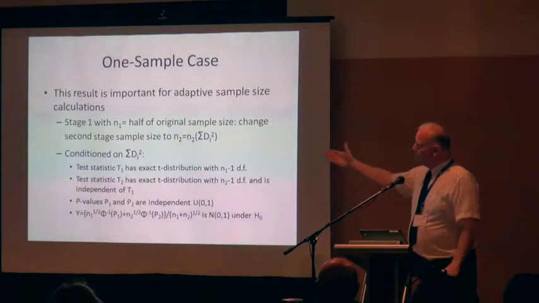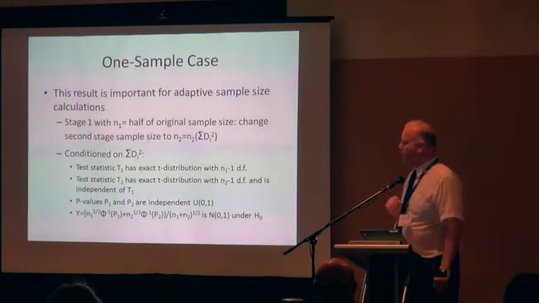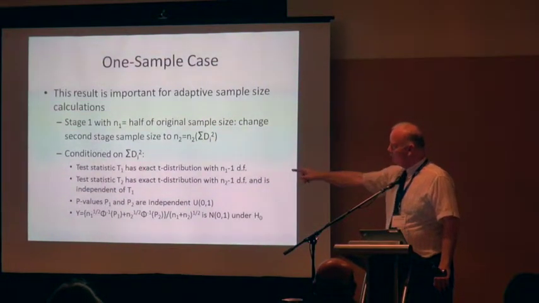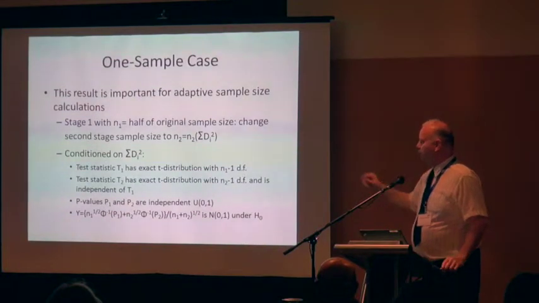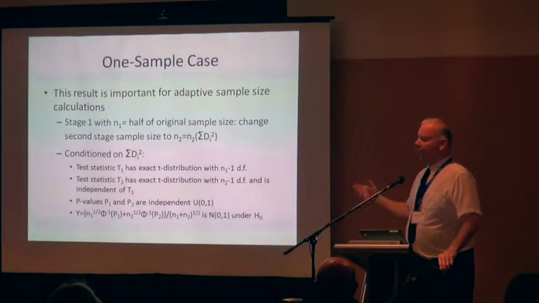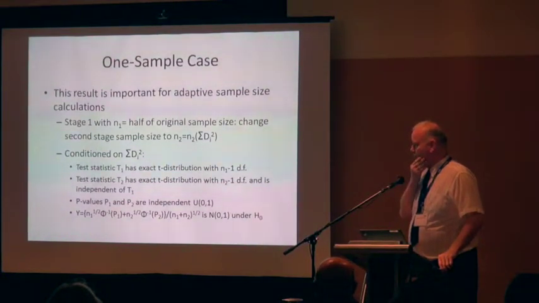And then once we condition on the sum of the di squareds, that fixes the second stage sample size. So then the test statistic on the second stage has an exact T distribution with n2 minus 1 degrees of freedom and is independent of that first stage T statistic.